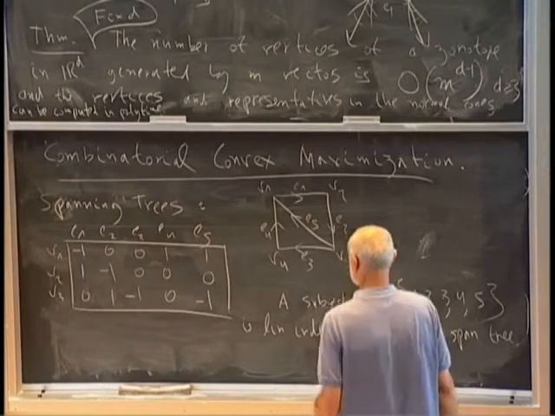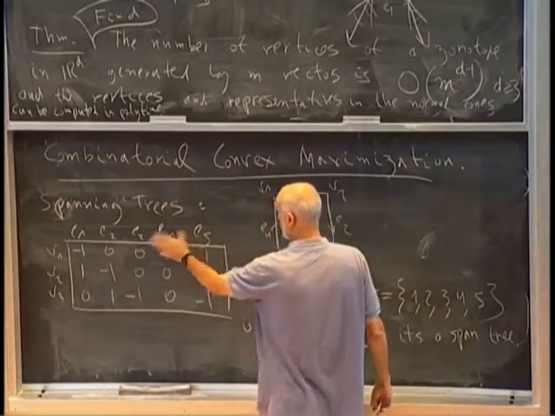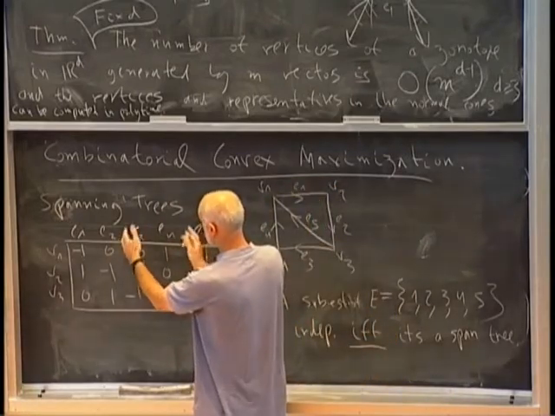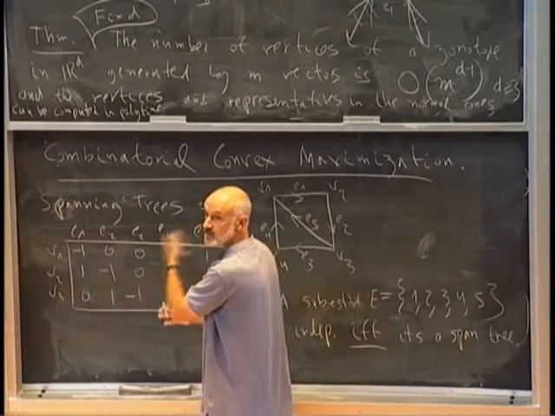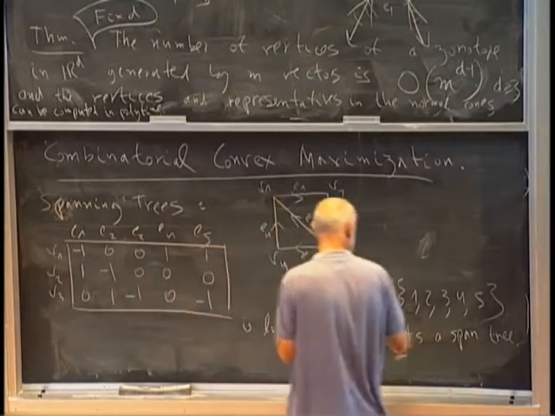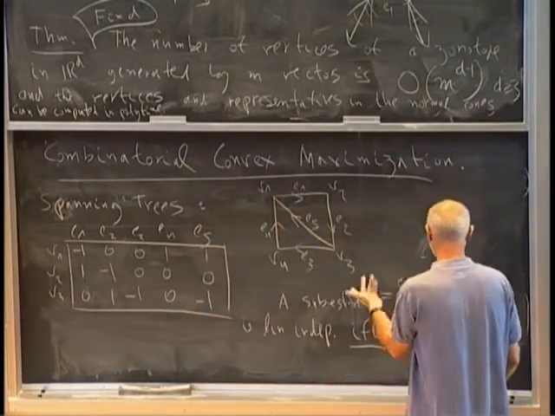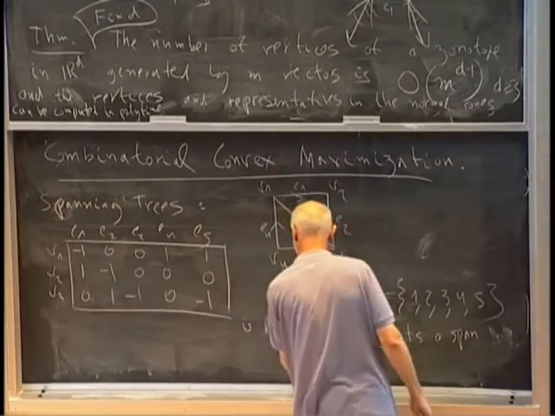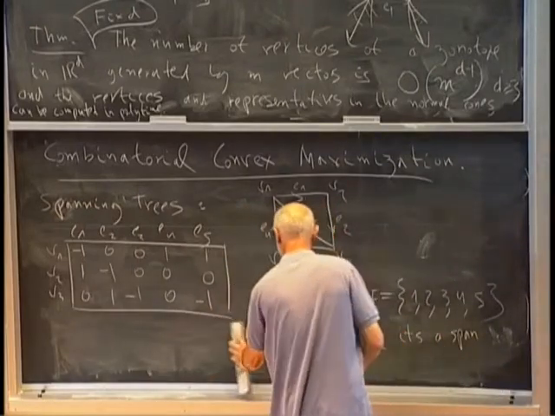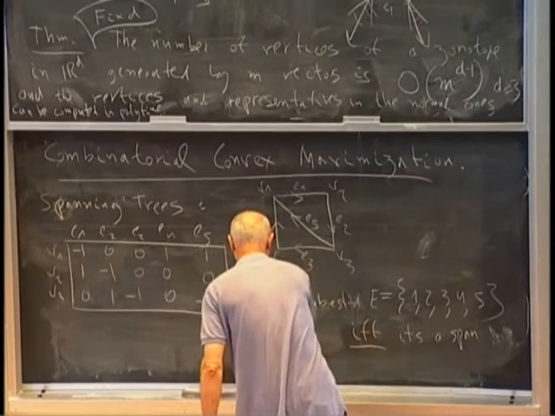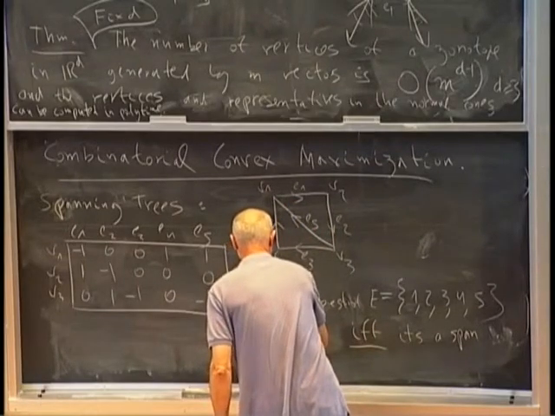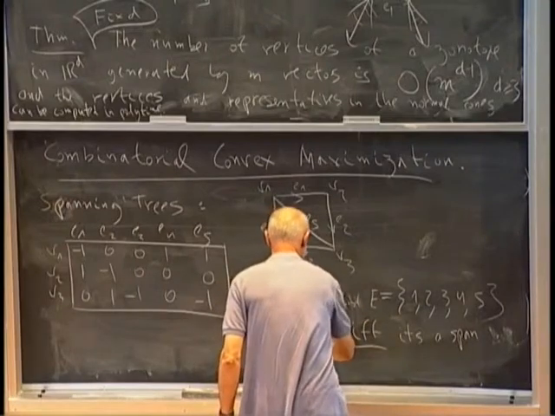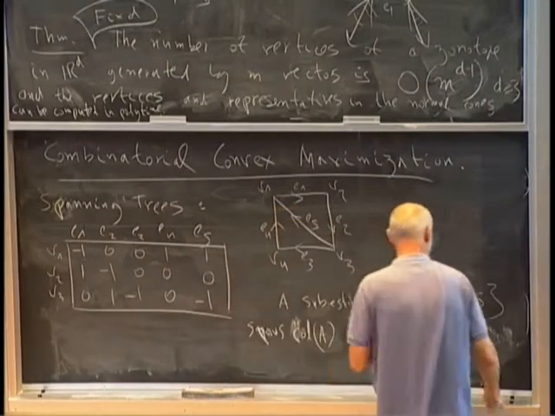Well, so again, I identify the index set of the columns with the edges, and the claim is that a subset of the columns is linearly independent if and only if it is a tree. And a basis, which spans the column space of A, is if and only if it's a spanning tree.